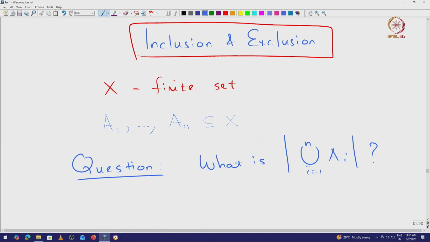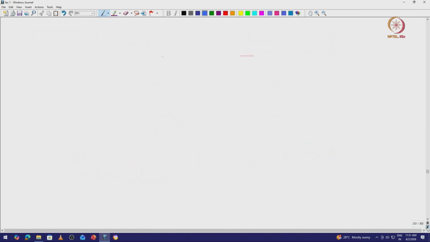Okay, so let us actually look at some simple example. So then we will be able to understand how to find the cardinality of this given union A1 etc. An. So let us take only two sets. So let us take n equal to 2 and then look at the cardinality of A1 union A2.